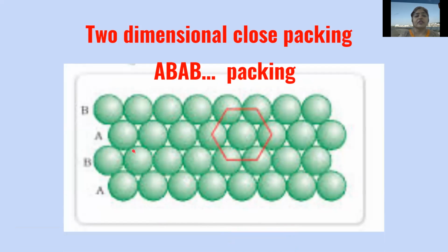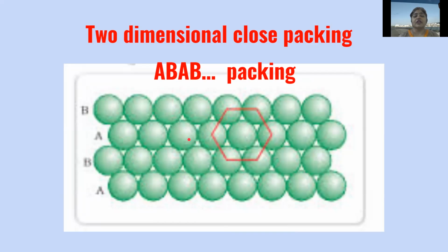So you can see here this sphere or this atom is fitting into the depressions formed by the particles in row A. This gives me a different kind of alignment for this row. If I name the first row as row A, the second row would be termed as row B. Now again the third row is identical to the first. The third row again fits into the depressions of the second row. All these atoms are fitting into the depressions formed by the second row.